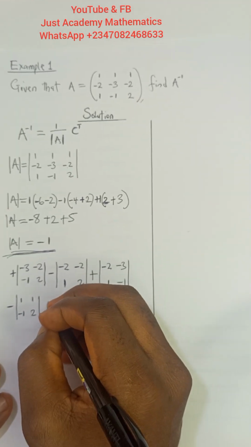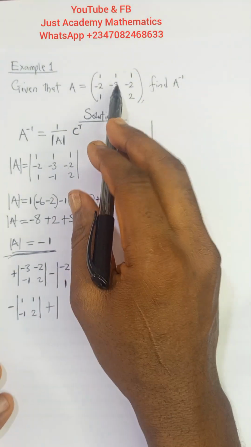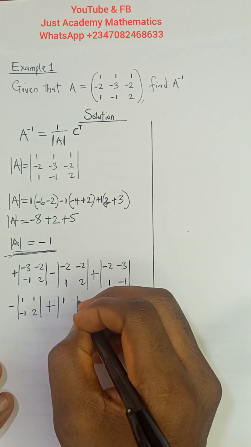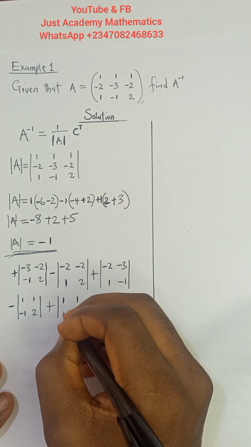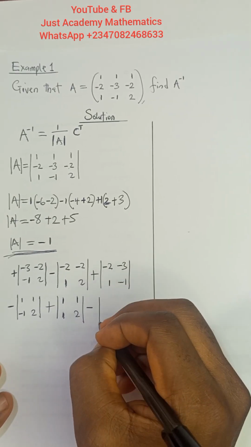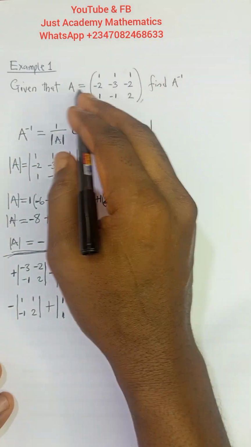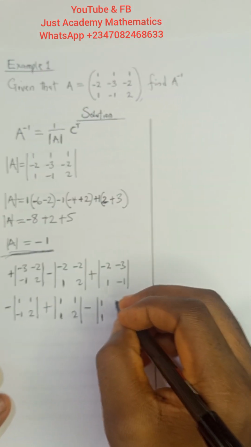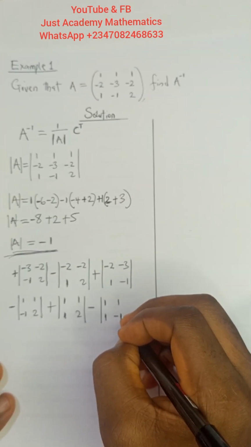Then we'll go with plus. Here, out. We are left with 1, 1, and then 1, 2. Then we go with minus. So here, out, we have these ones left, which is 1, 1, 1, -1.